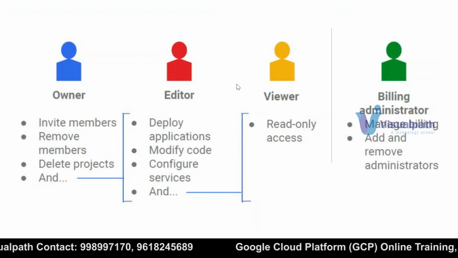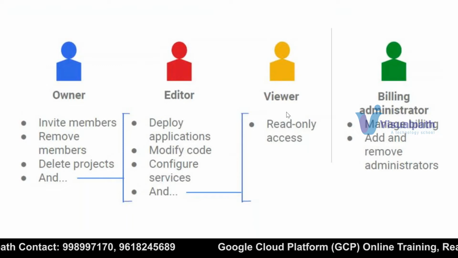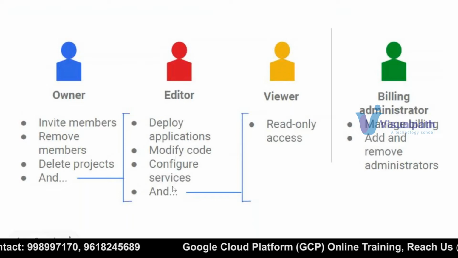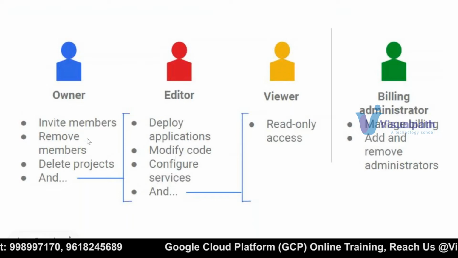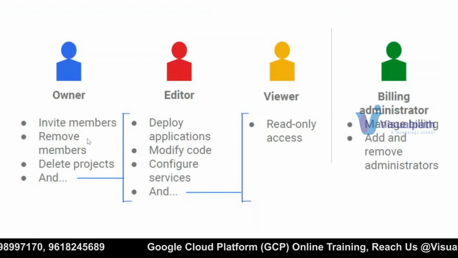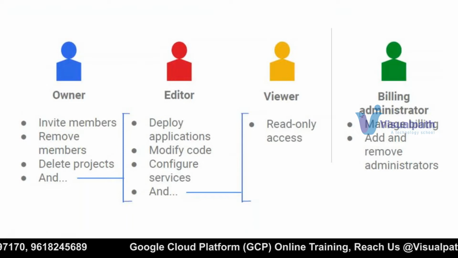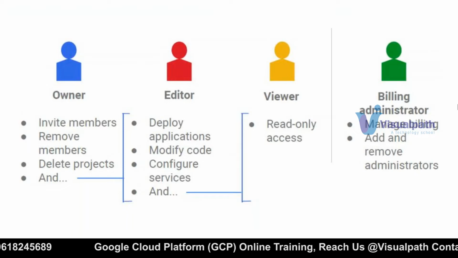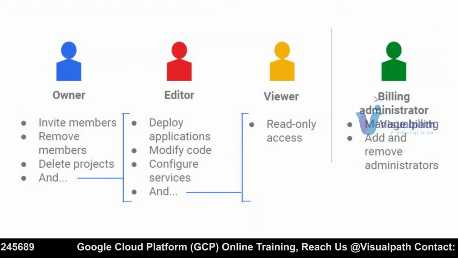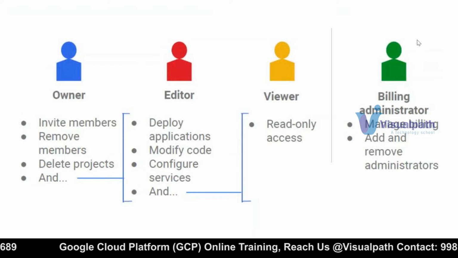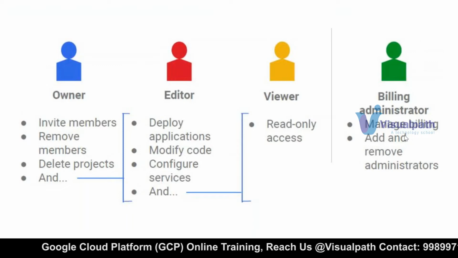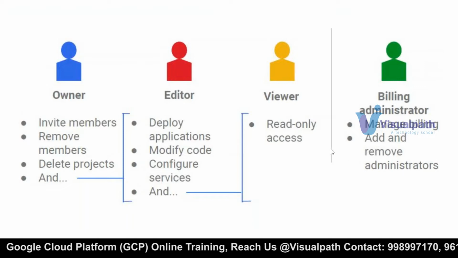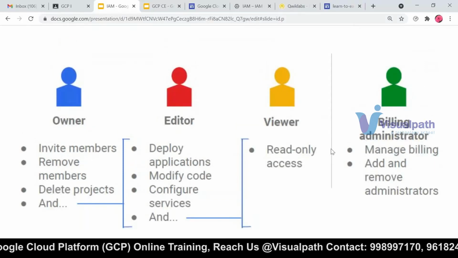Editor means you can deploy applications, modify, etc. And owner is the super user for everything. There are separate permissions for the billing administrator, because this mostly comes under management: manage billing, add or remove administrator, something like that. We'll just see the console first.